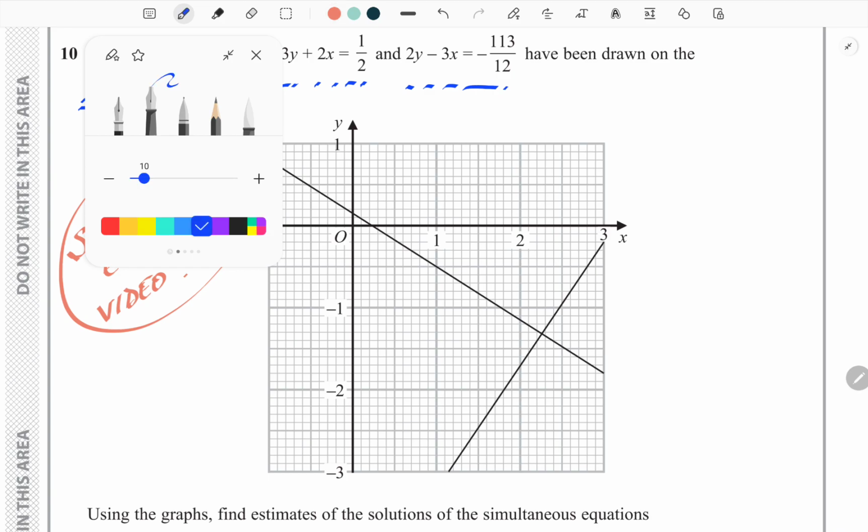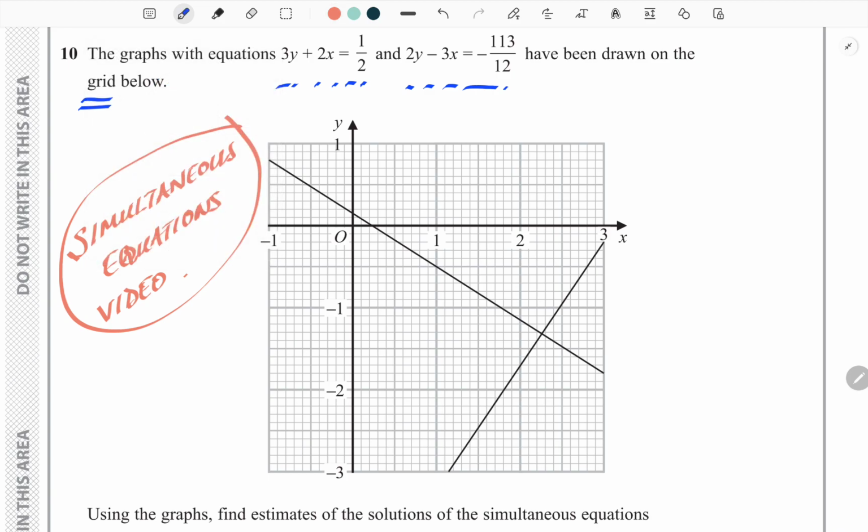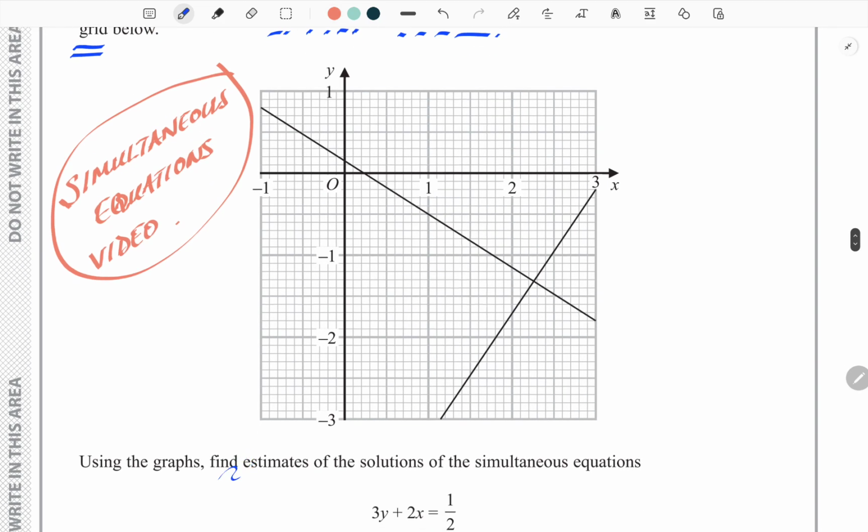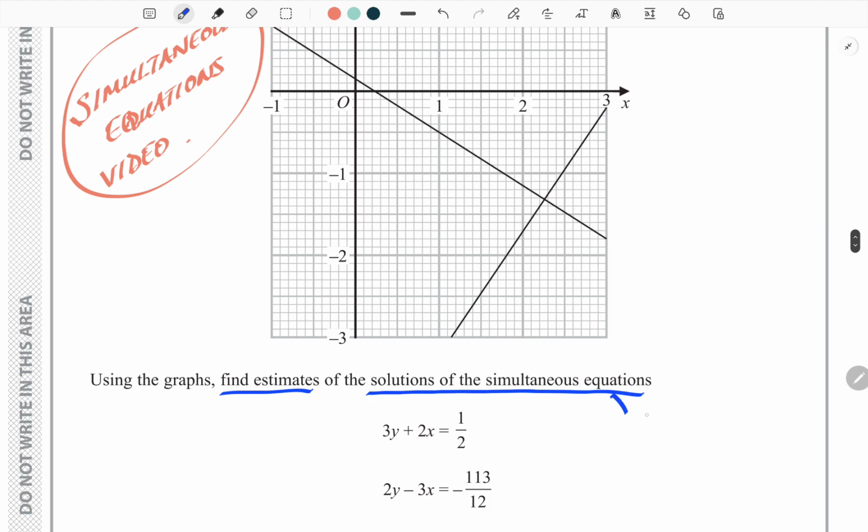Right. In this question, it's actually much, much simpler than you think. When it says find estimates of the solutions of the simultaneous equations, all it means is the point where the lines intersect.